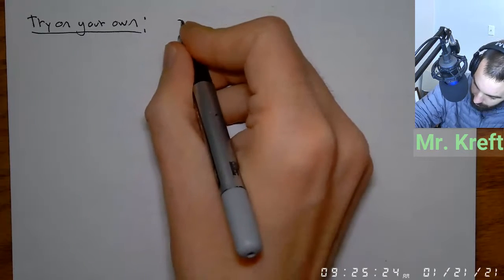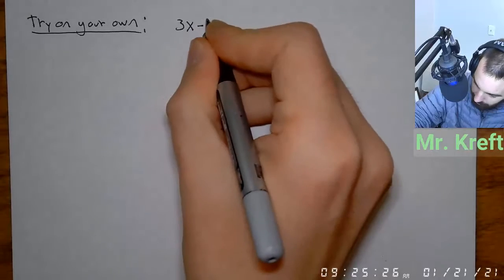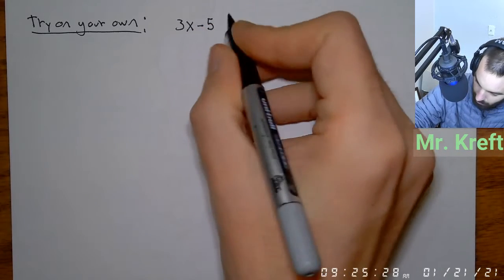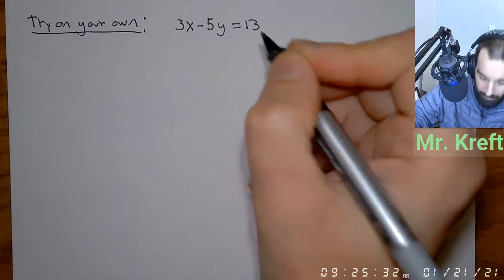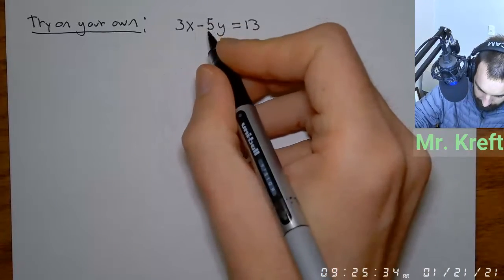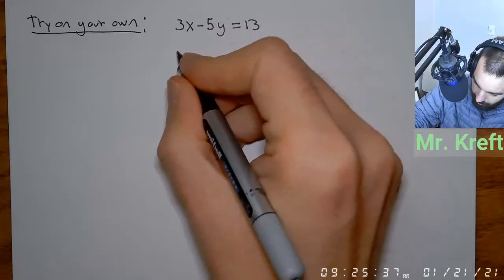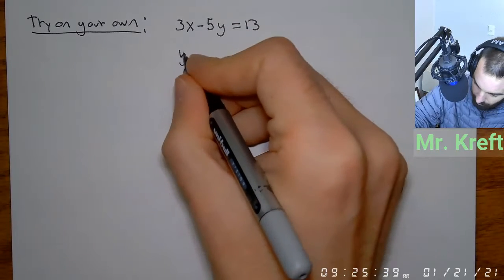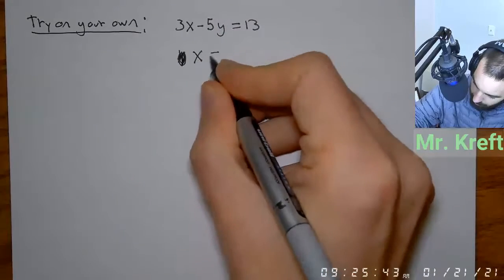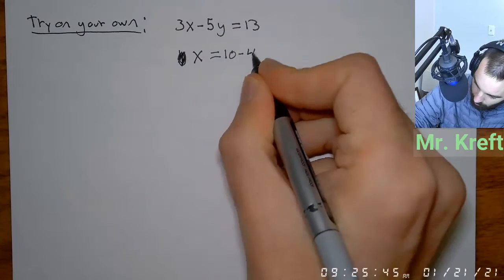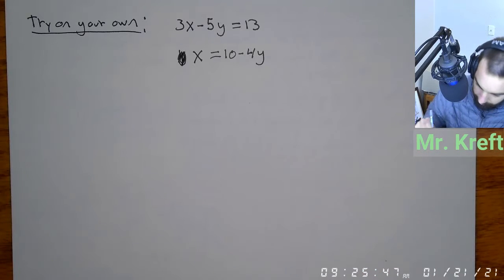So we're going to have 3x minus 5y equals 13, and x equals 10 minus 4y.